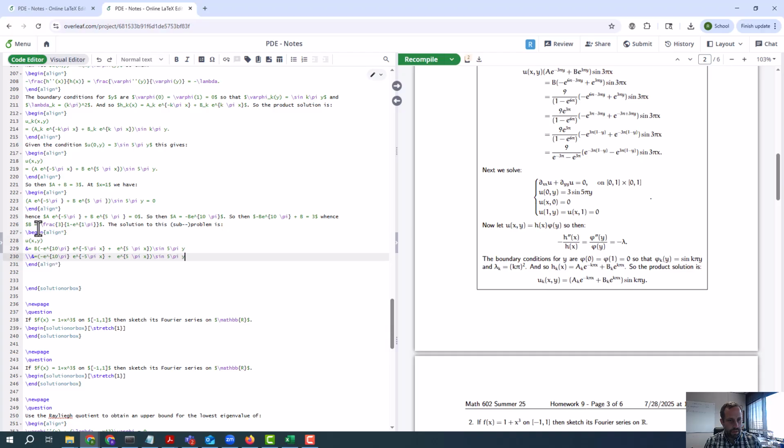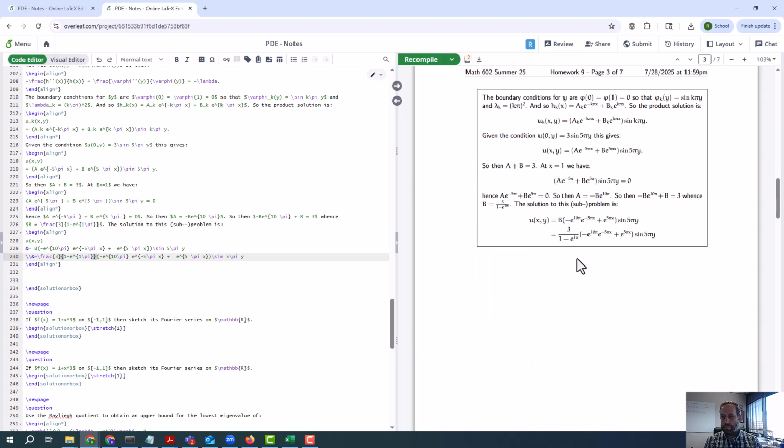Whoops. So this is b. Okay, let's see how that looks. Okay, good. Now, similar to what I did before, I can factor out an e to the 5 pi. Wait, something's not right. That says pi. What should that say?